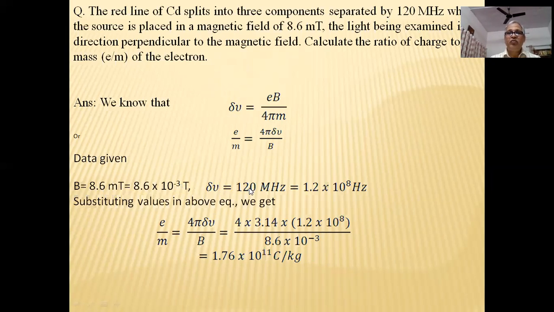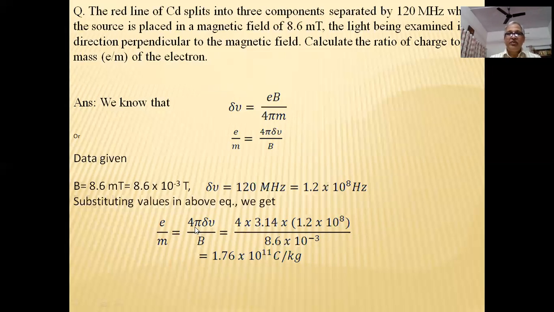Delta nu equal to 120 megahertz equal to 1.2 into 10 to the power 8 hertz. Substituting these values, we get the ratio of charge to mass of the electron.